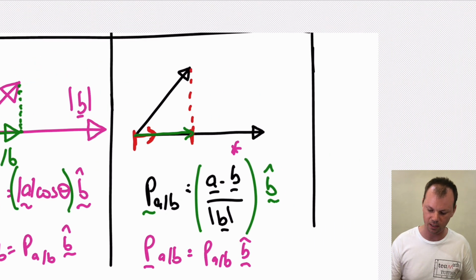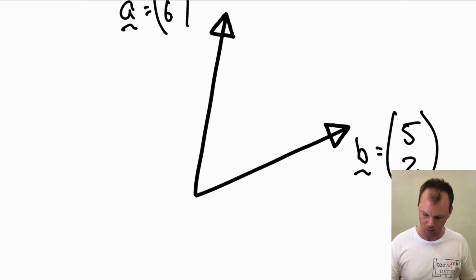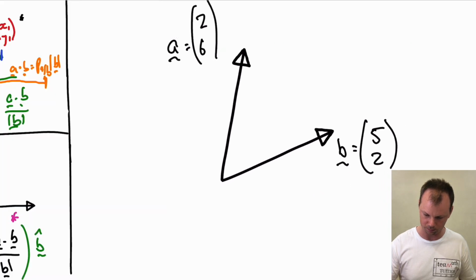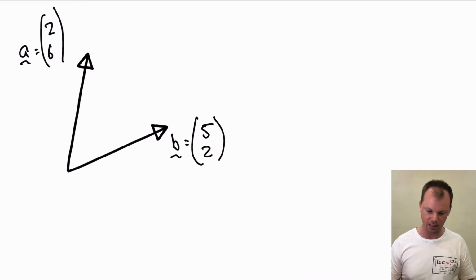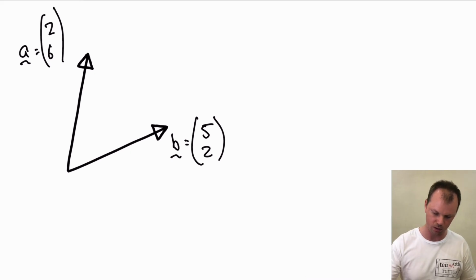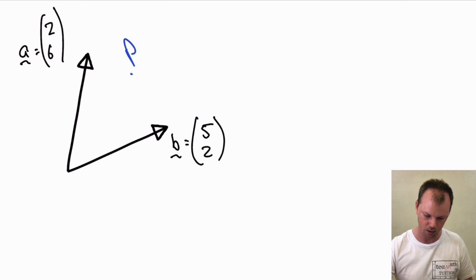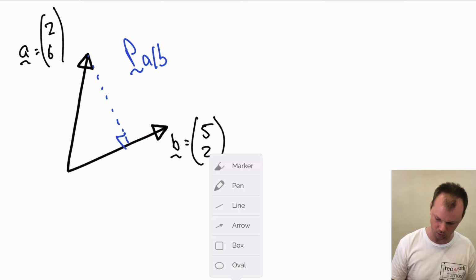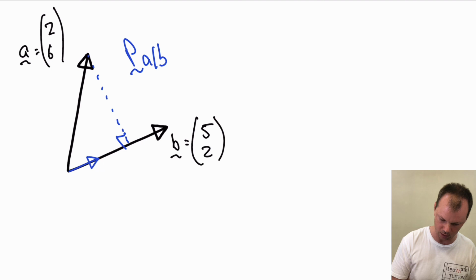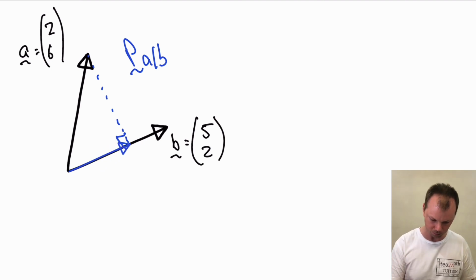So let's have a look at an example. Zoom out. Okay, so we've got two vectors here. We want to determine the vector projection of A on B. So visually, that's what it looks like. Again, our visual is super important so we can know what we're doing. We're trying to find that vector there.